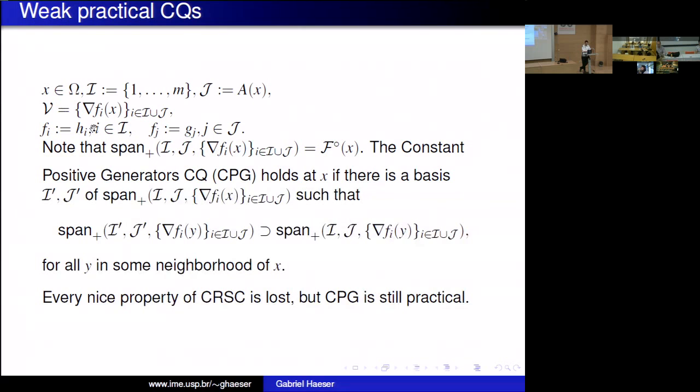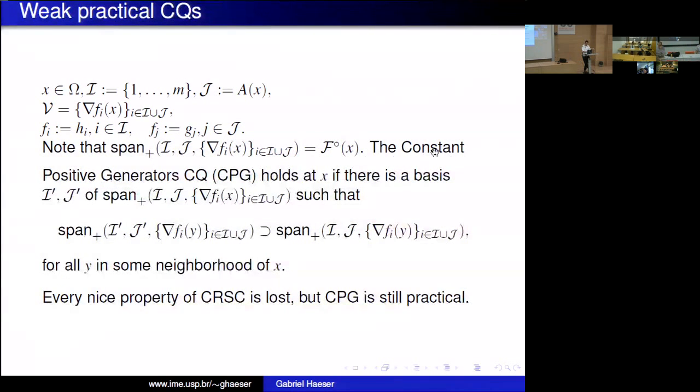And my set V will be all the vectors, equalities and inequalities, and I will simply call them F. So Fi will be Hi if i is in this set, and Fj will be Gj for the other set. But they are all F now for me. So if I take the positive span of this set, using this original index set, I get, as I told you before, the polar of the linearized cone.